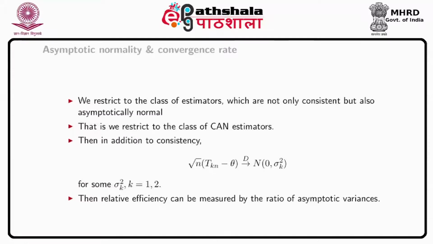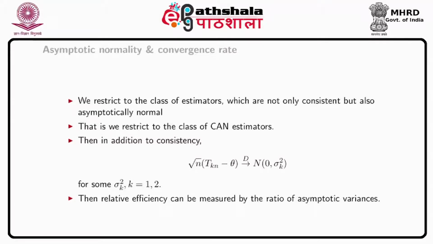Thus, we restrict to the class of estimators which are not only consistent but also asymptotically normal. That means we are concentrating on CAN estimators, that is, consistent asymptotically normal estimators, and it is defined by the relation that Tkn minus theta has asymptotic normal distribution with mean 0 and variance sigma k square by n for some sigma k square, for k equal to 1 and 2.